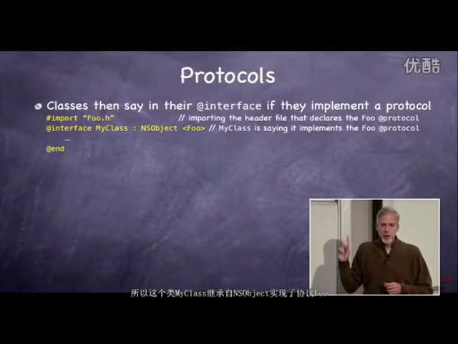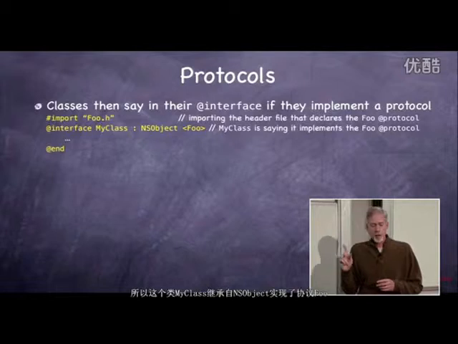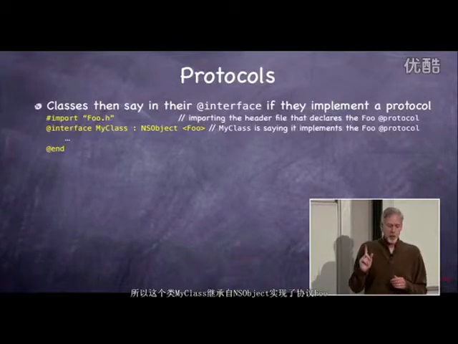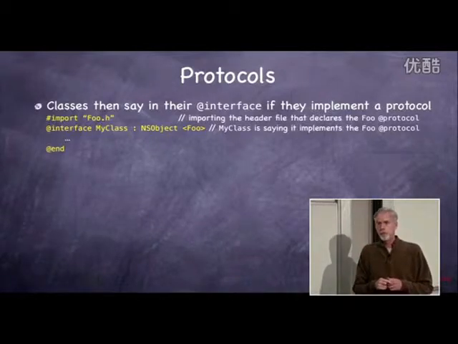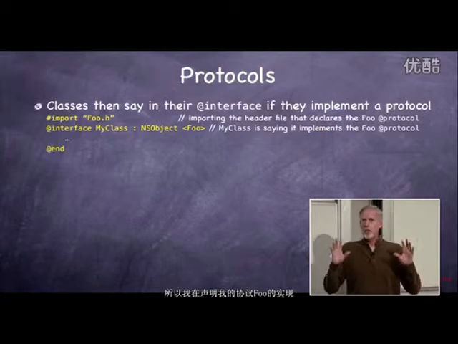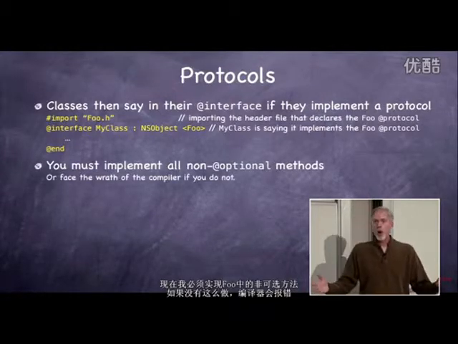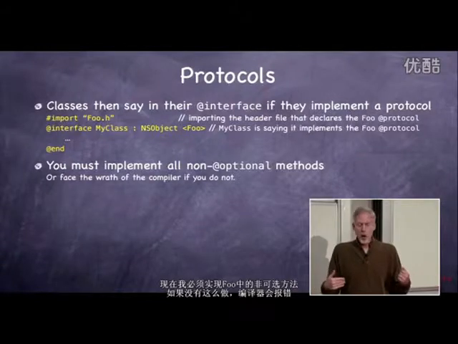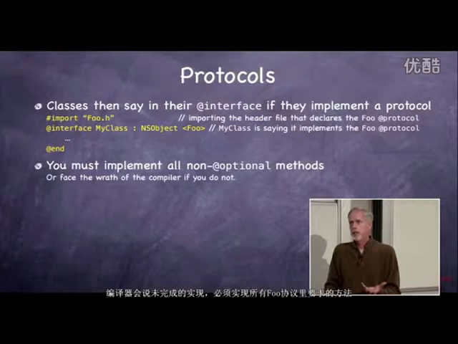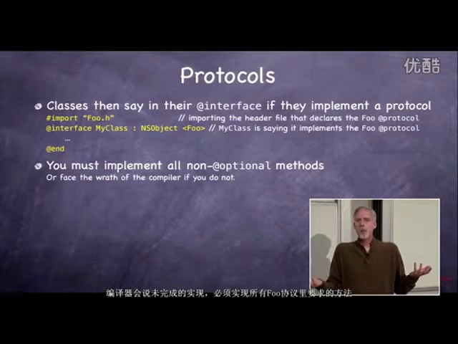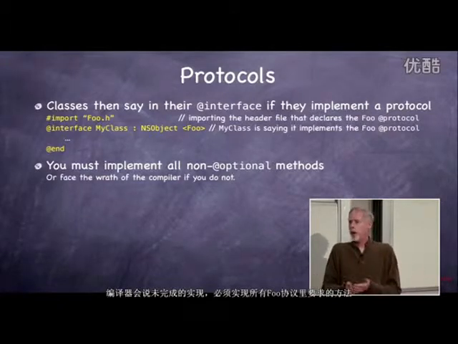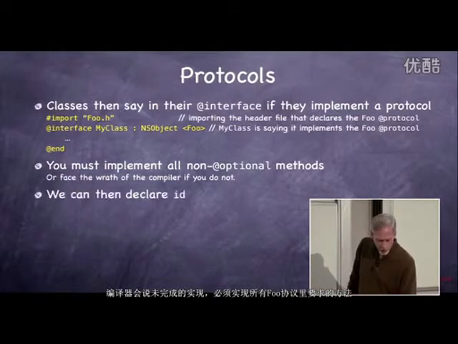So this class, MyClass, inherits from NSObject, and it implements the protocol Foo. I'm declaring that I implement the protocol Foo. Well, now I have to implement all the non-optional methods in Foo, and if I don't, the compiler will complain. The compiler will say incomplete implementation if you don't implement all the required methods in the Foo protocol.